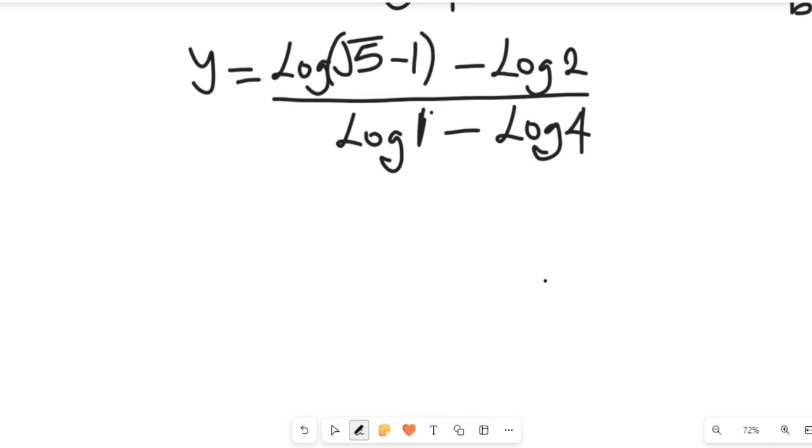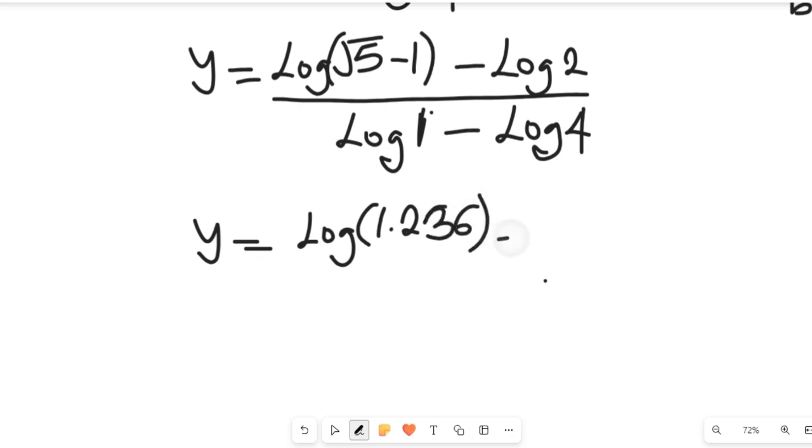Log of root 5 minus 1: root 5 minus 1 is going to give us the log of 1.236, right?